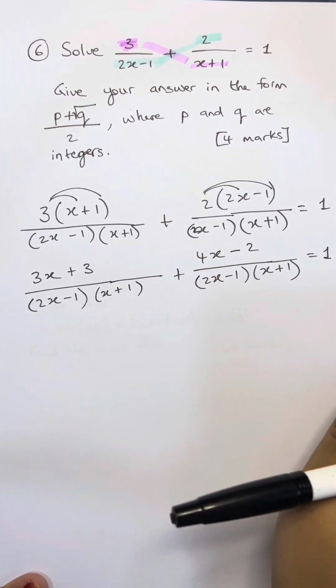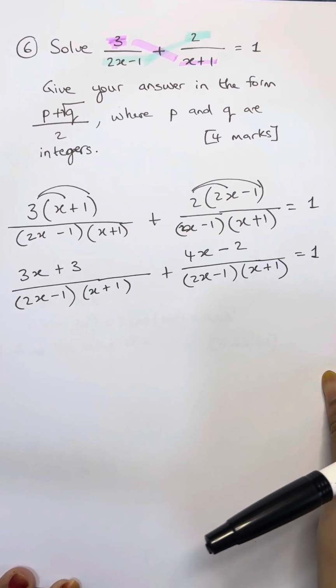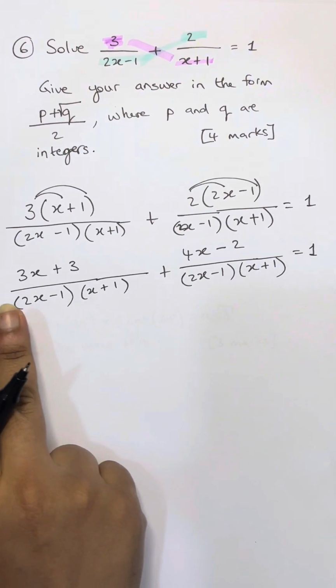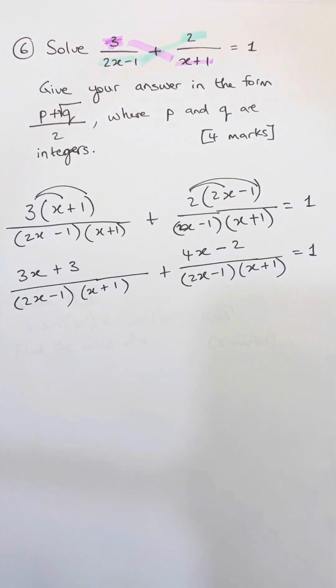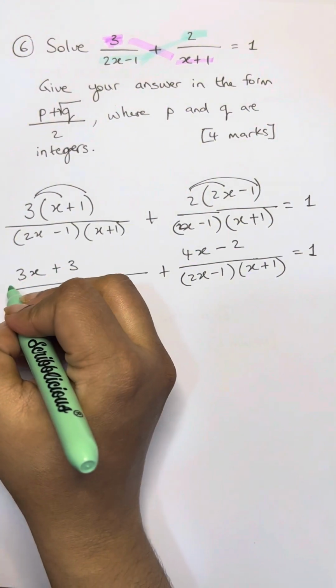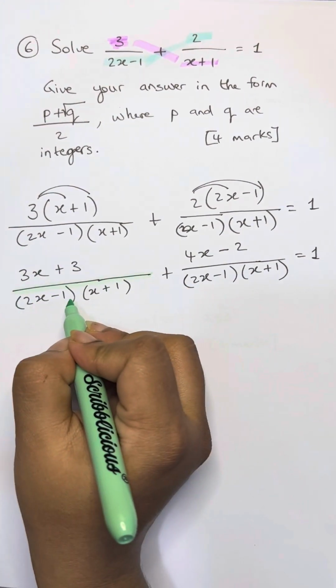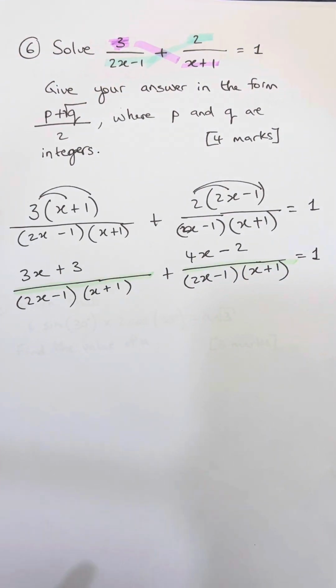To get rid of this denominator here, what I need to do is simply multiply both sides, okay? Why am I multiplying? Because here, guys, because it's a fraction, there's 2x minus 1 and x plus 1, they're dividing, yeah? There's a division sign.